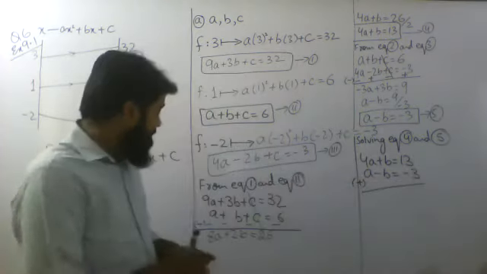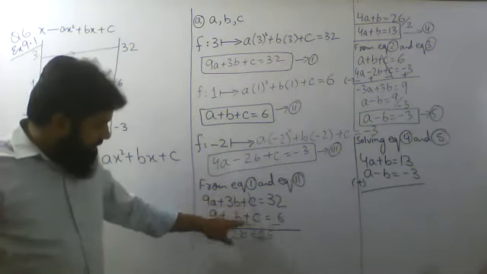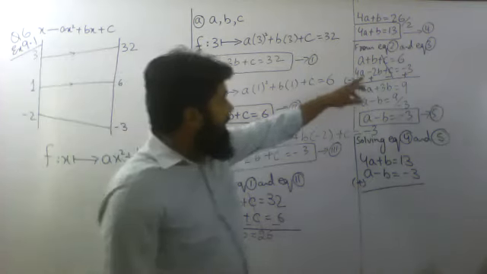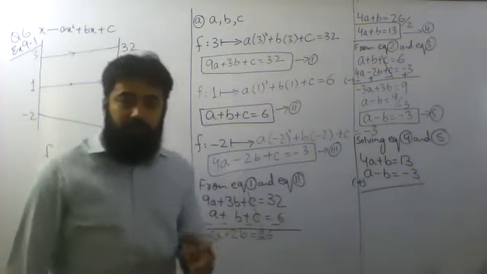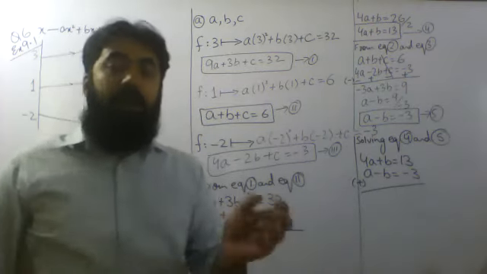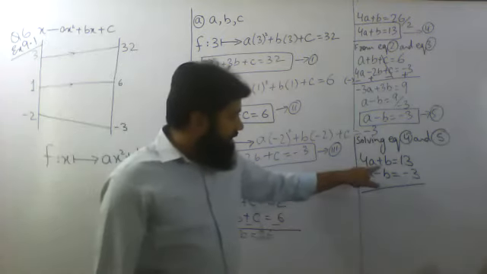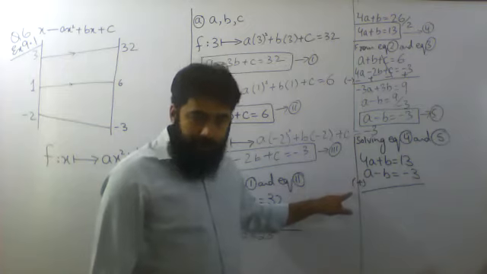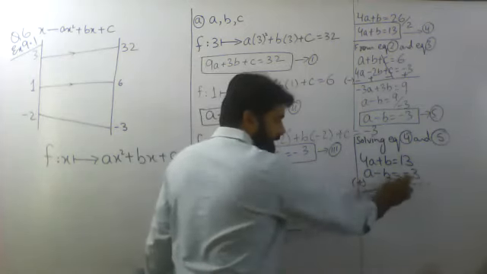Over here, I subtracted because C had the same sign in both equations. In order to change my sign, I subtracted my equation. But over here, one is positive and one is negative, so I am going to add both equations. It means no changes over here.